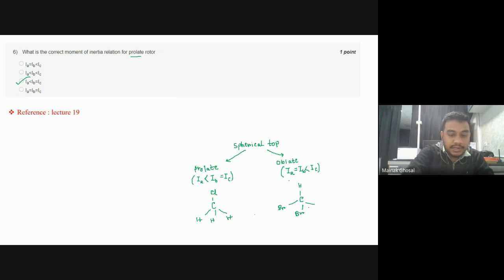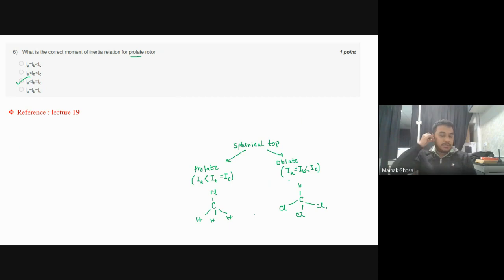So for the simple case, I am replacing all with chlorine, so that will be easier to understand. For spherical top molecules, I am dividing it into two categories: one is prolate molecule, another is oblate molecule.